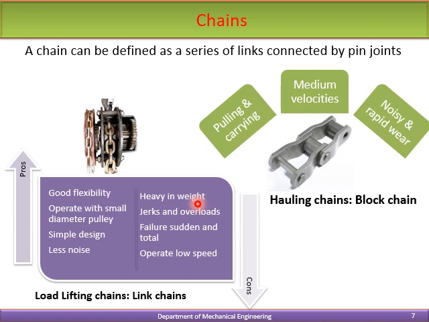Hauling chains are used for carrying materials continuously by sliding, pulling or carrying in conveyors. The popular example of this category is a block chain, and it is illustrated in the figure. It consists of slack plates of simple shapes and pins. It operates at medium velocities of up to 2 to 4 meters per second.